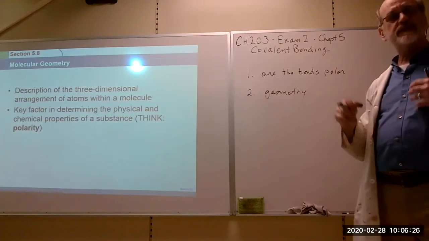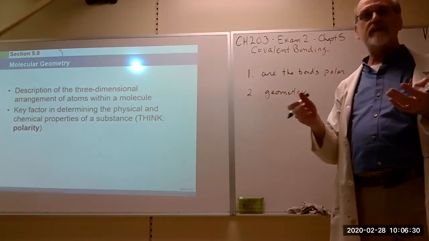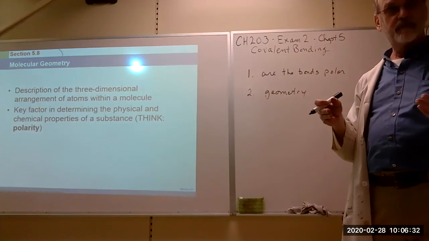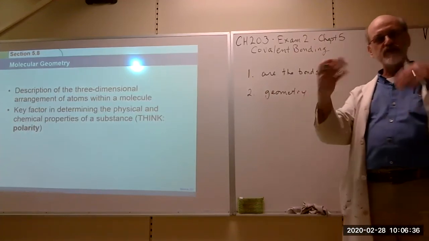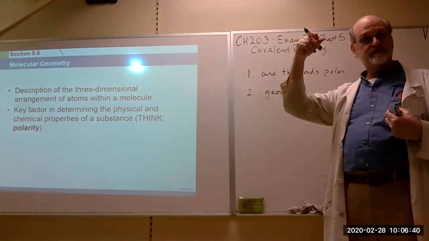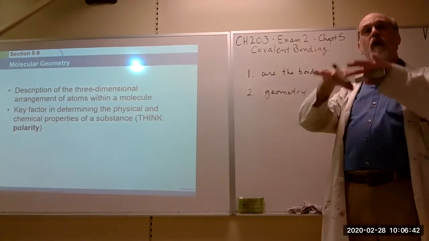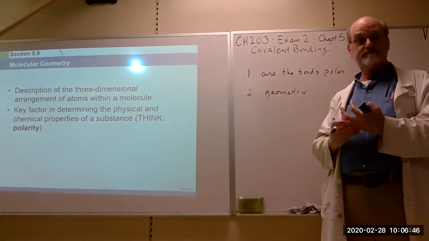The reason we need to consider geometry is if all the bonds in the atom are polar, but they're symmetrically positioned in a geometric pattern so that they cancel one another out, then the overall molecule is nonpolar. Okay?